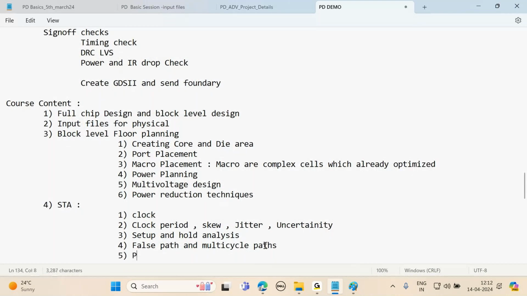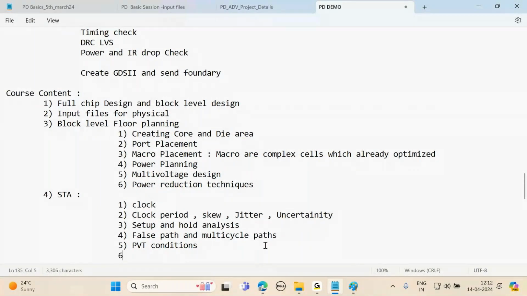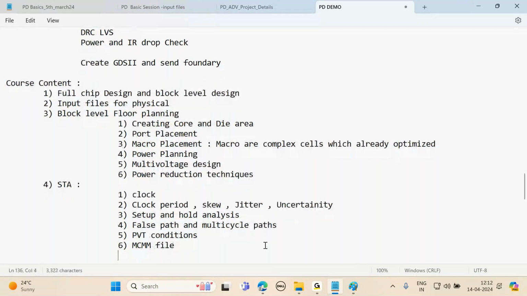PVT conditions. We discuss again the MCMM file, multi-mode multi-corner file. Seventh, how to handle asynchronous signals. All these things we cover in STA.